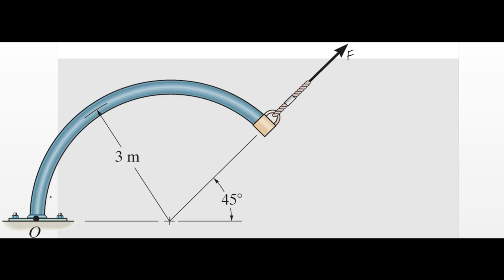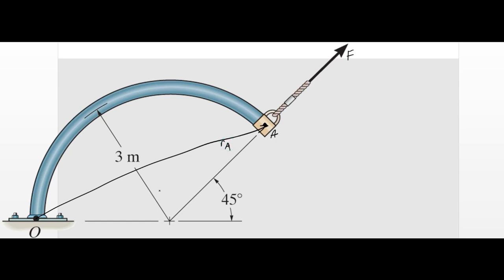The first thing a lot of people think is we want to calculate from the point that we want to know that moment at to a point where the force is applied. Let's call this point A. So a lot of people will start to work on a problem like this, and they want to calculate this distance, for example, RA.